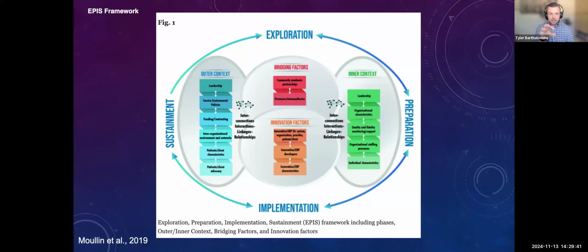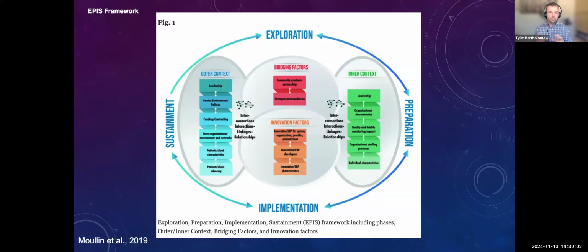But when you look inside of that cycle of exploration, preparation, implementation, and sustainment, you have the outer context, right? So outside of the organization and factors that might influence implementation. We have the inner context. So this is something inside of the organization that we need to focus on or focus our strategy deployment.